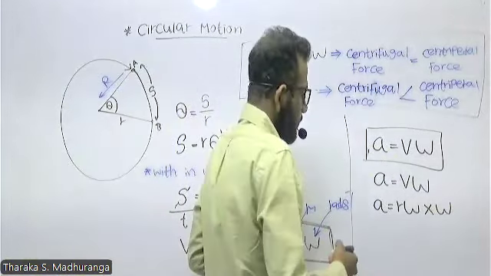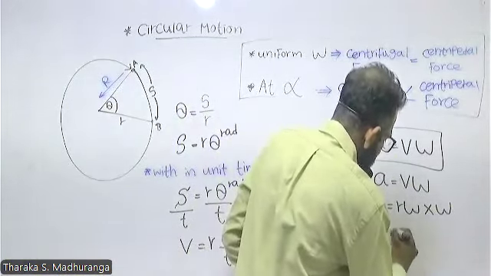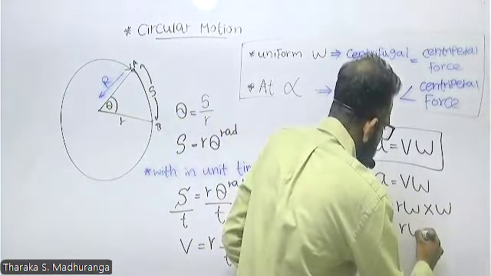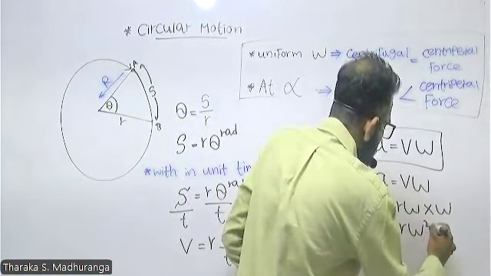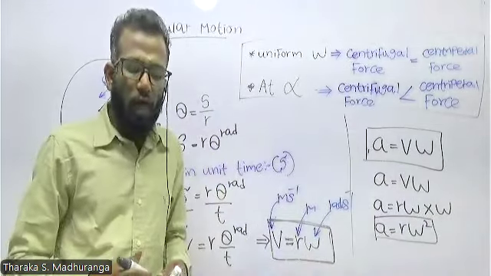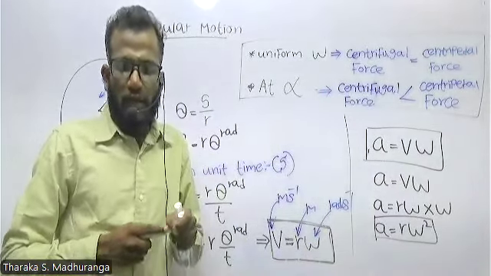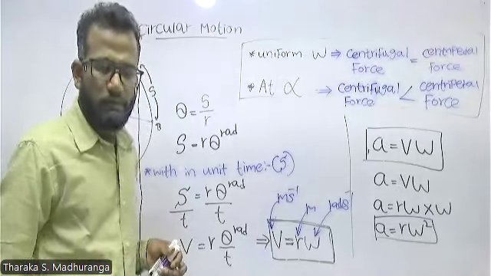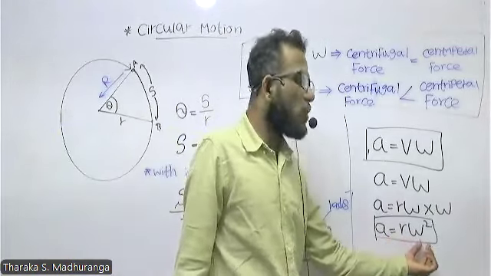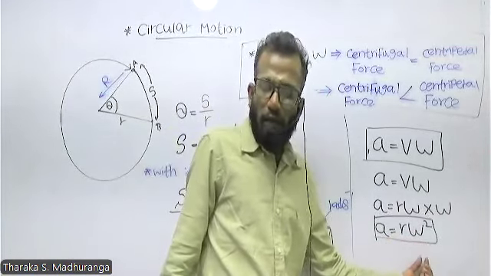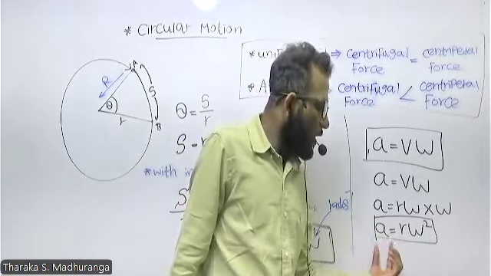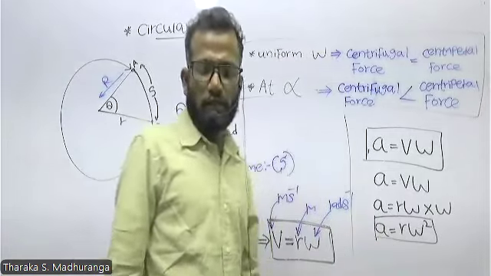Then I can make A equal R omega square. That's one equation: A equal R omega square. If you know the radius and angular velocity only, you can get the acceleration of the circular motion object by A equal R omega square.